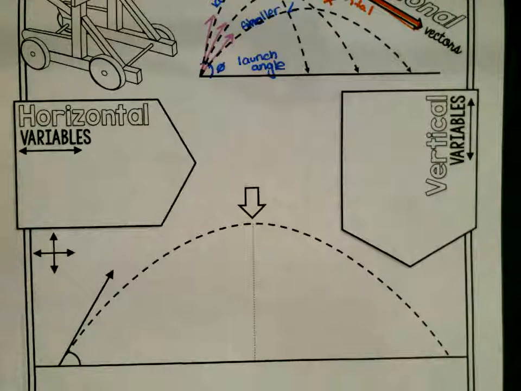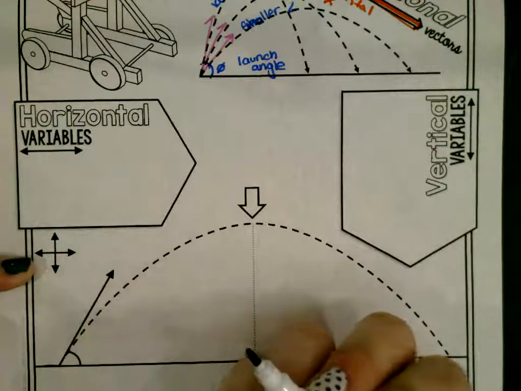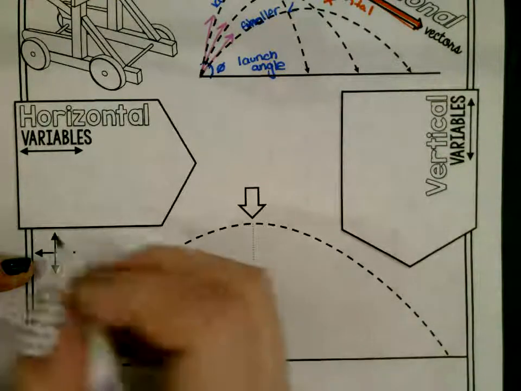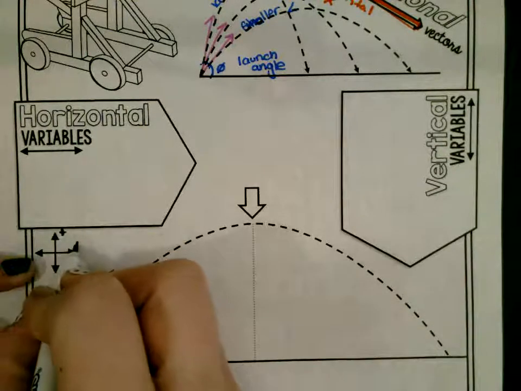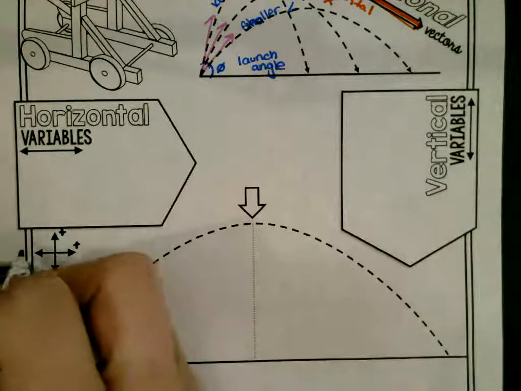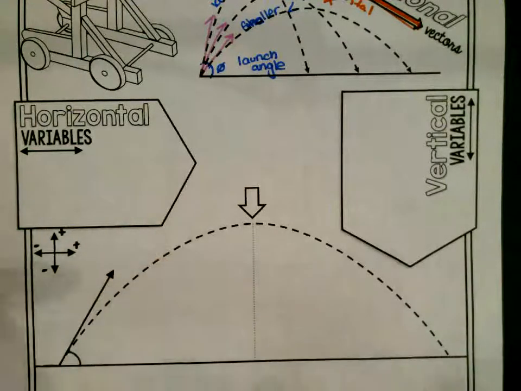So I'm just going to start out labeling some basic things. We're going to say this is our ground down here. We're going to start with our compass just like we always do when we draw a vector. And I'm going to say that these two directions are positive and these two directions are negative. I'm not going to say whether they're north, south, east, west right now. That doesn't matter. Just that they're positive and that they're negative.